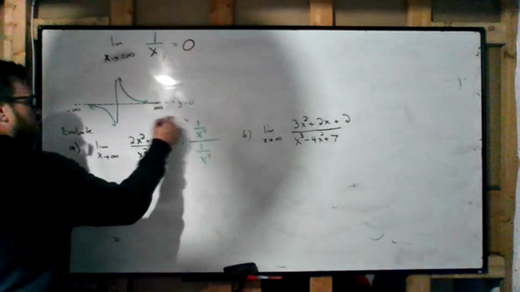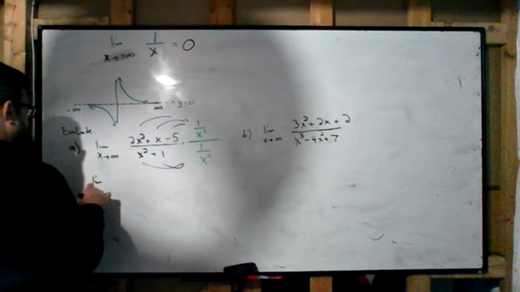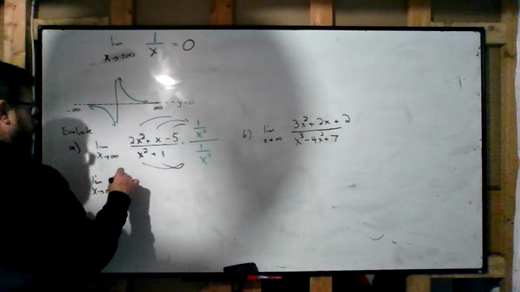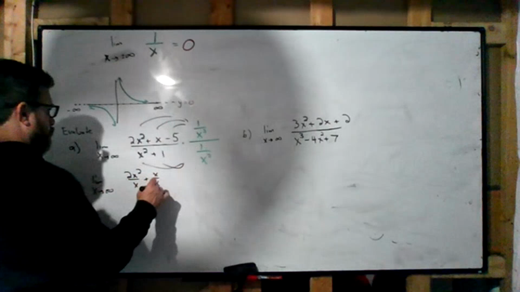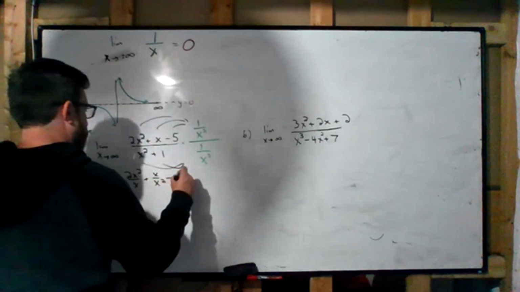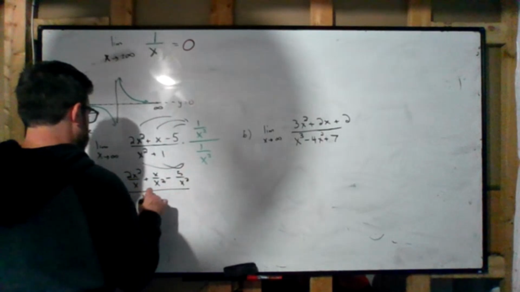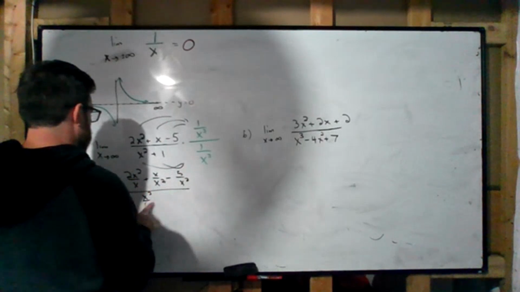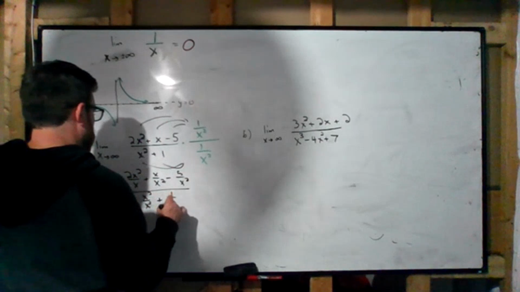When you distribute this to all the terms, you get the limit as x approaches infinity of 2x squared over x squared plus x over x squared minus 5 over x squared, and then the bottom is going to be x squared over x squared plus 1 over x squared.